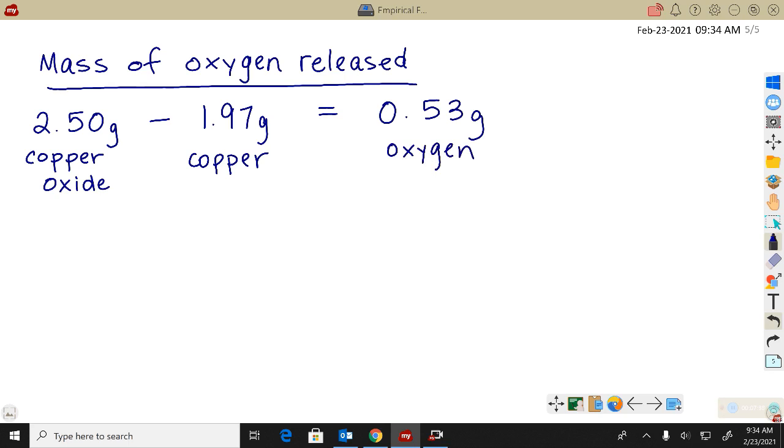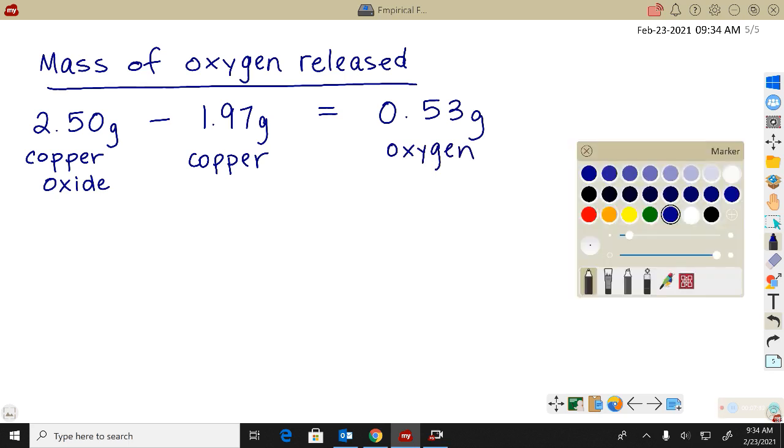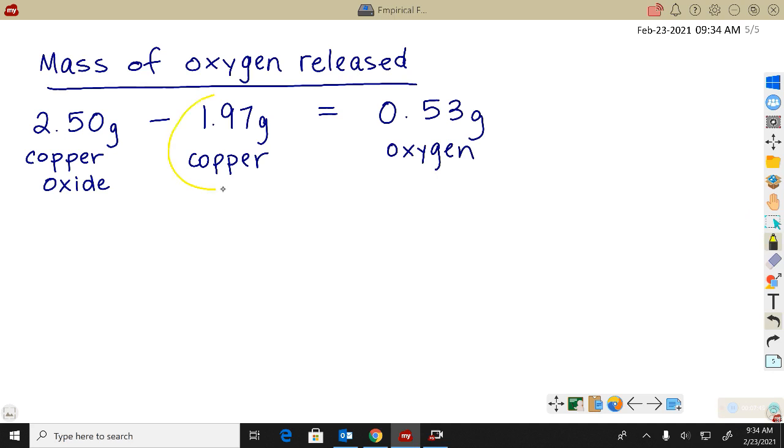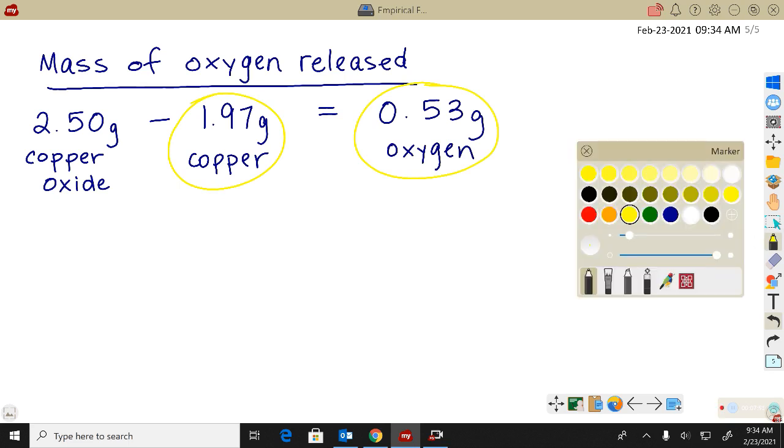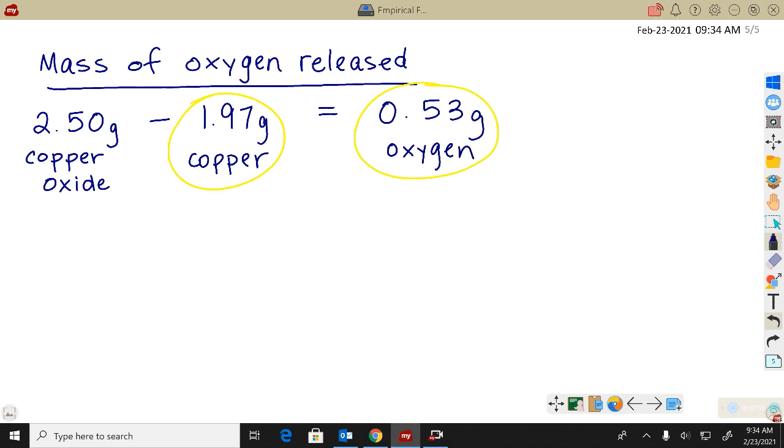Awesome. Okay, so now we've got the mass of copper and the mass of oxygen in the original sample. The problem is, in a formula, that ratio of atoms is not a ratio of grams. A unit that measures a quantity of atoms would be the mole.